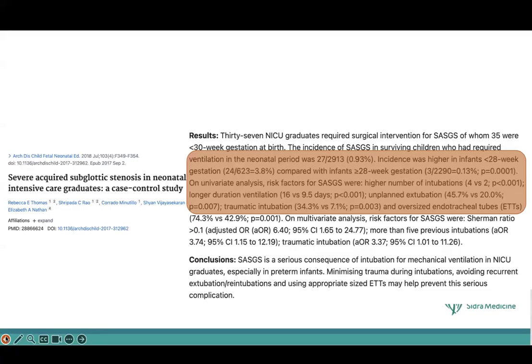And again, because they were really small and premature, this was again linking them to trauma in the subglottic area. And again, was highlighting that if you have a high number of intubations, a longer duration of ventilation, unplanned extubations, traumatic intubations, and oversized endotracheal tubes, again, this would predispose you to a subglottic stenosis.